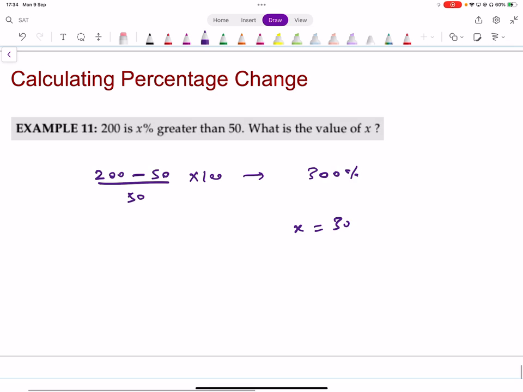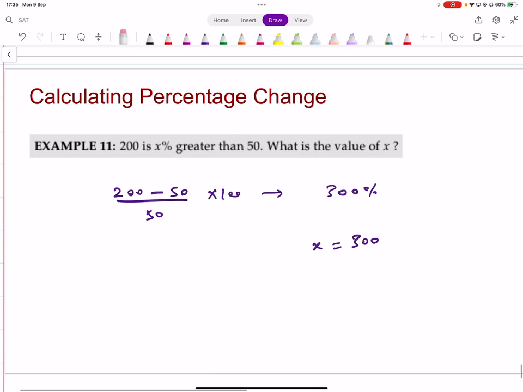X is equal to just 300. 300% means 3. Okay? Do not write 300% there. That will not be correct. Just write 300 because percentage sign is separate from X. Okay? So that's how we deal with percentages.